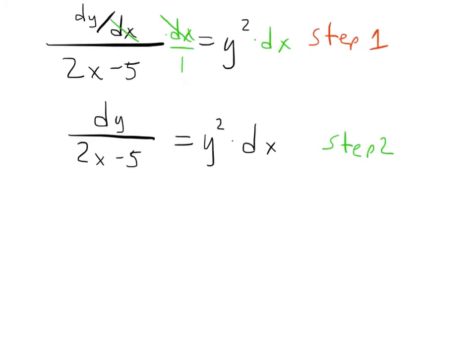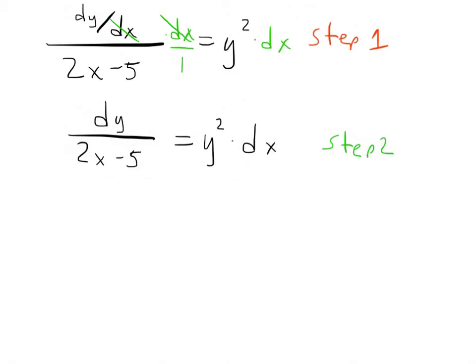Now, step 3 is the step where all of the actual work resides, and I need to make something very clear here. When we multiplied the dx to both sides, I basically declared this side as the x side and this side as the y side. So anything that's on the wrong side, we need to move. This is the dx side, so this y squared needs to move over to the other side somehow. And this 2x minus 5, technically the x is in the wrong spot, and it's clearly connected to the other stuff, so all of that needs to move over to this side too.